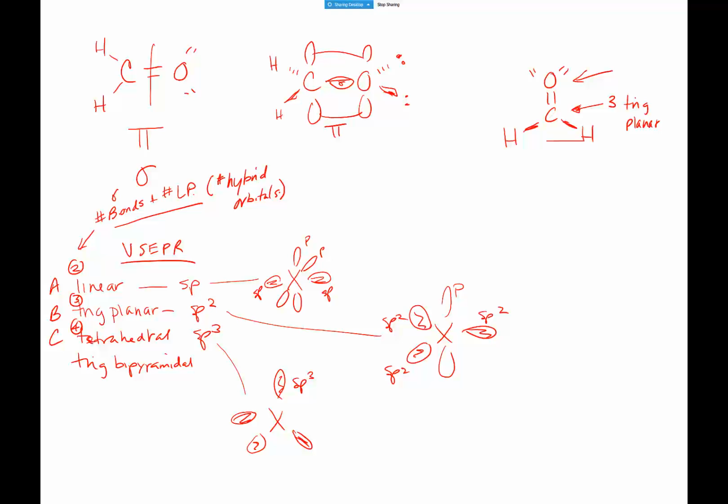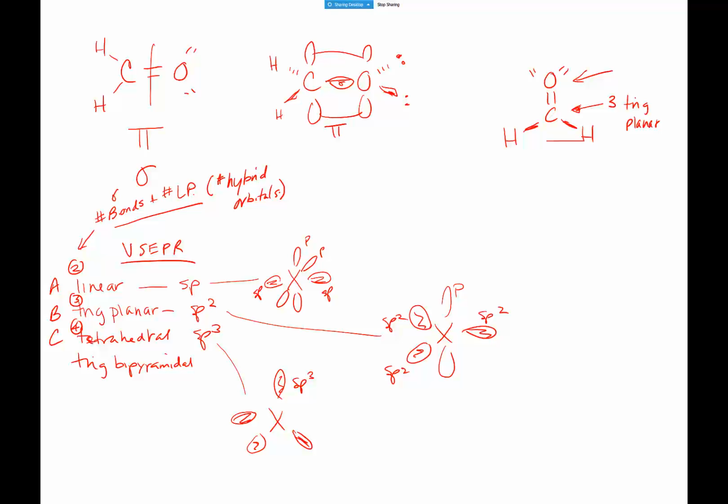Okay. All right, so we have 7 B's, which is sp2. Oxygen has 1 sigma bond and then 2 lone pairs, so that's going to be 3 hybrid orbitals. I can also simplify this by simply saying pi bonds don't count.